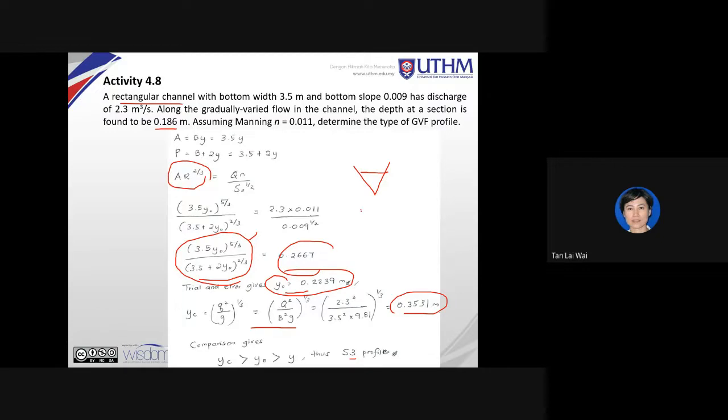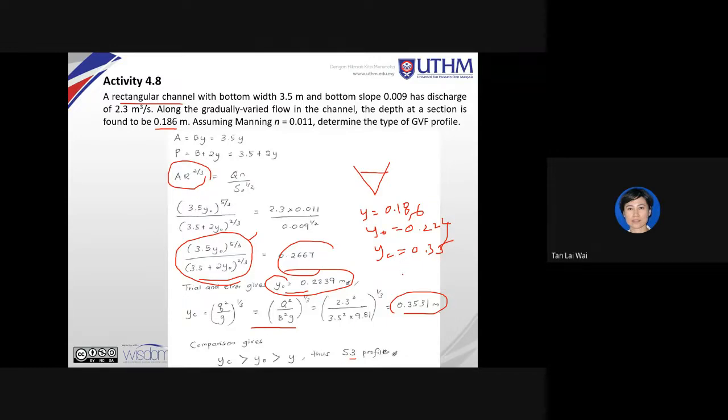I have Y 0.186, I have Y0 0.224, I have YC equals 0.35. If I arrange it in descending order, I'll put YC first, then Y0 and Y. So it'll give me S3.